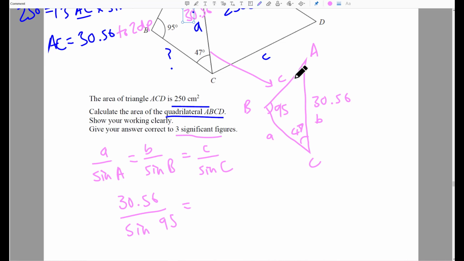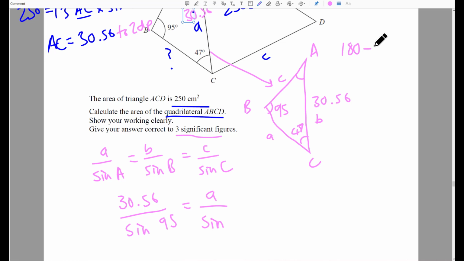So it depends what length you want to find, but I think I am going to find A. So A, little a over sine what? Okay, so it's sine what, but we've got a triangle there.